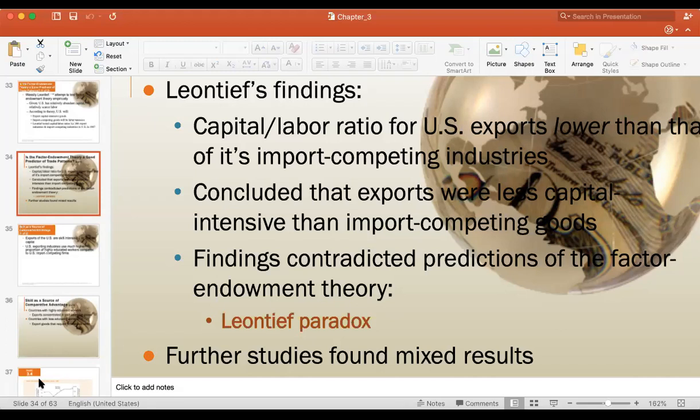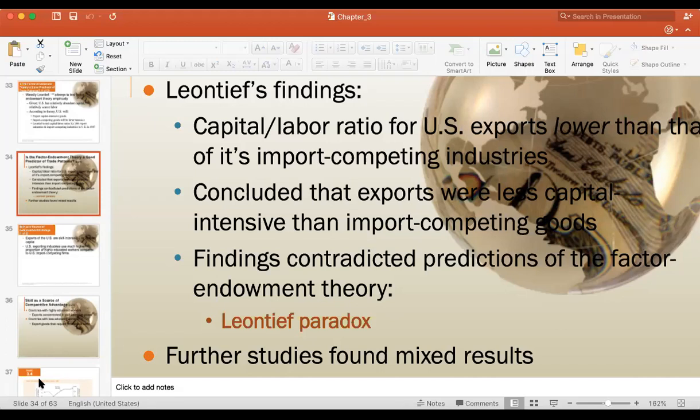Now, when economists did that, they found that the US happens to be exporting skilled-labor intensive goods and not labor intensive goods like Leontief wrote.